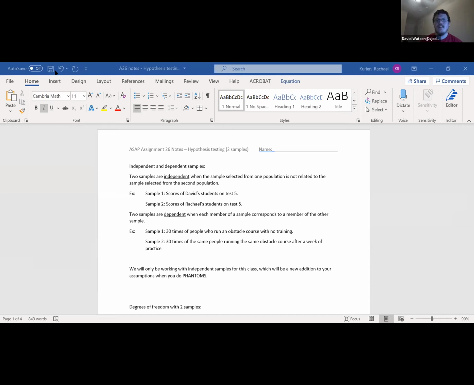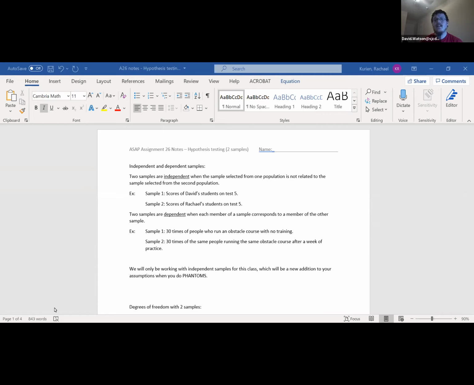This time, these two samples are related because it's the same exact people, just after a week they got some extra practice. They'll probably do a little bit better, but the two samples are related to each other. All right, so those are called dependent samples.